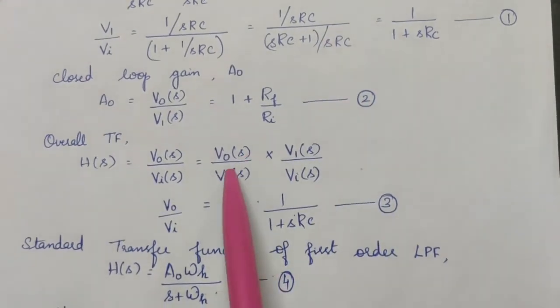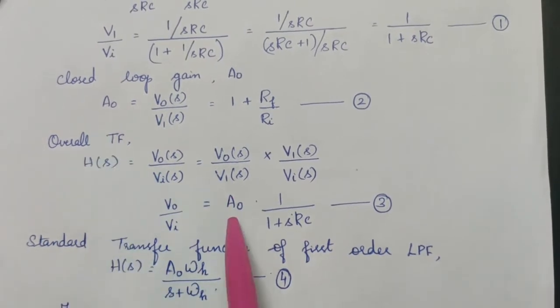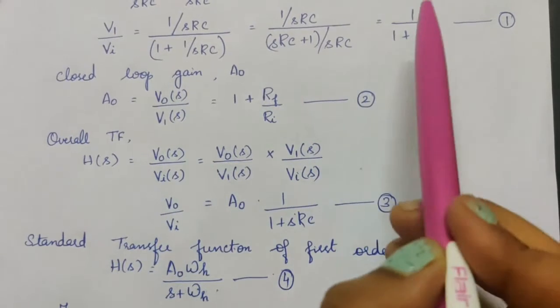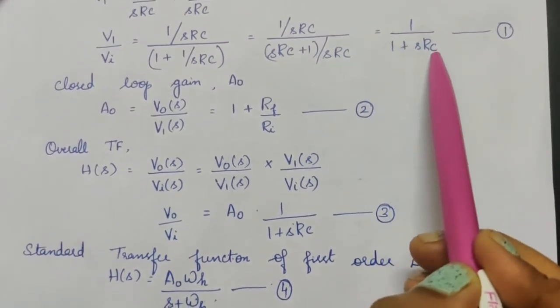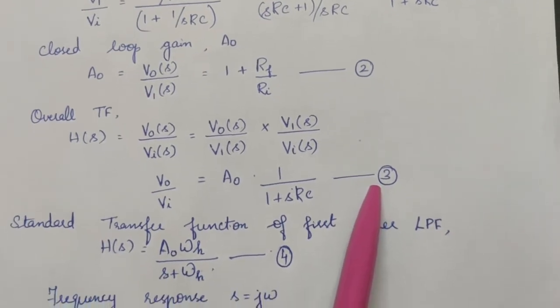V0 of S by V1 of S equals A0, and V1 of S by Vi of S is written as 1 by (1 plus SRC). Consider this as equation number 3.